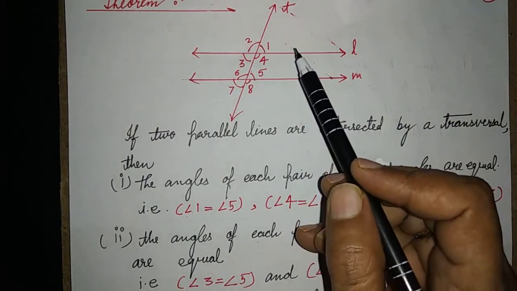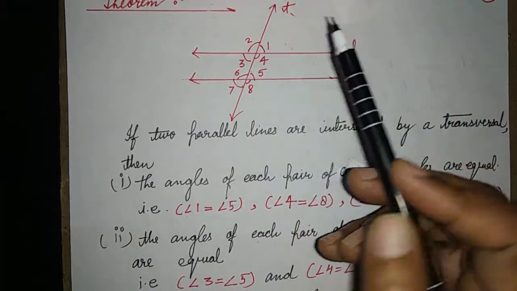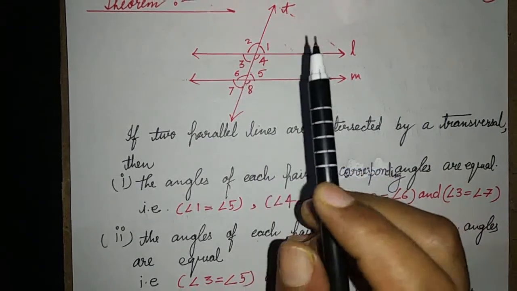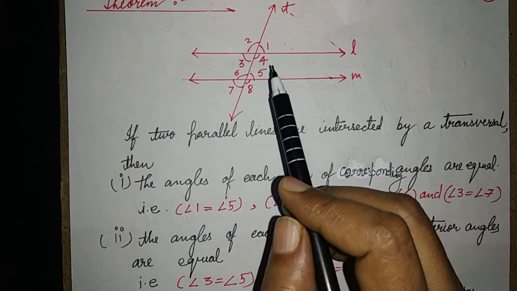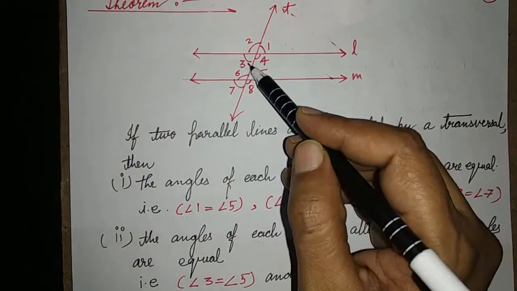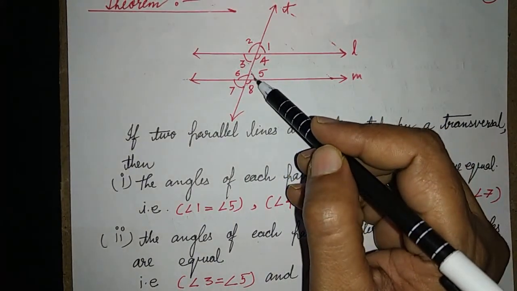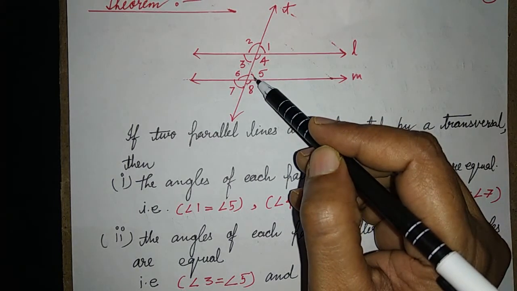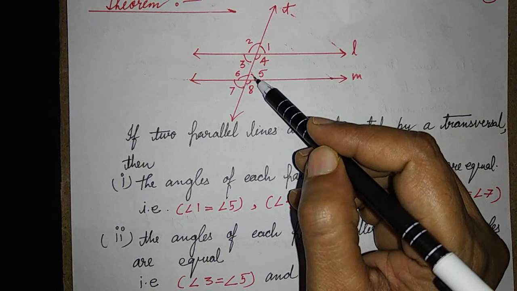Now the second thing, the angles of each pair of alternate interior angles are also equal. Here you see angle 3 and angle 5. These two are a pair of alternate interior angles and they are equal also.